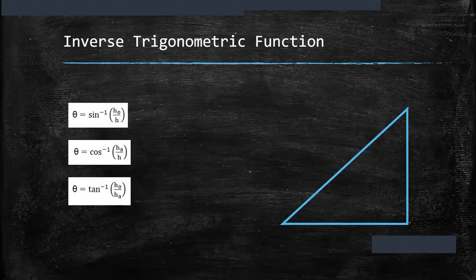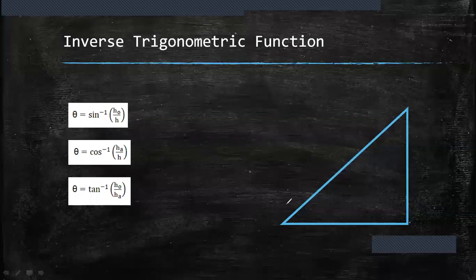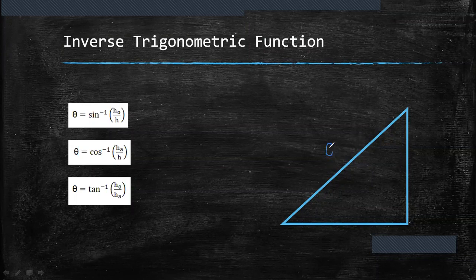Inverse trigonometric functions. In a situation where the sides are given, let's say using the same triangle as in the previous example, c, the side at the lower leg is a, and the right leg is b, and this angle is theta, and this one is alpha.